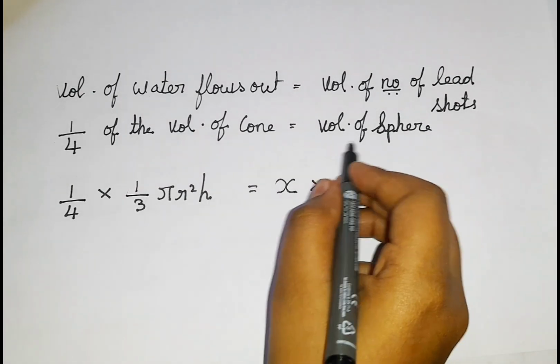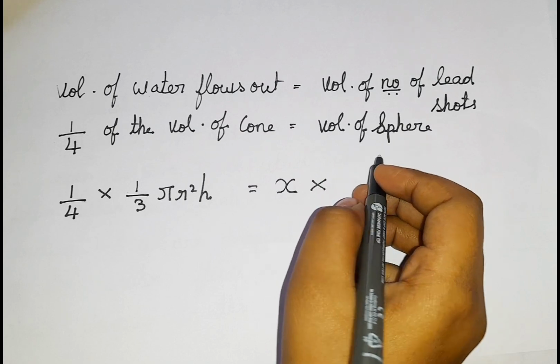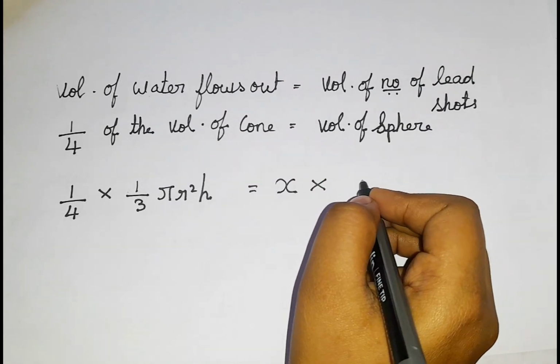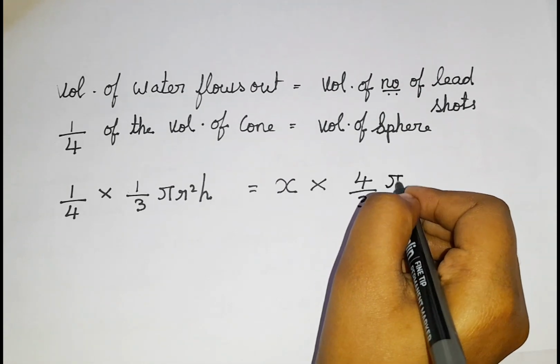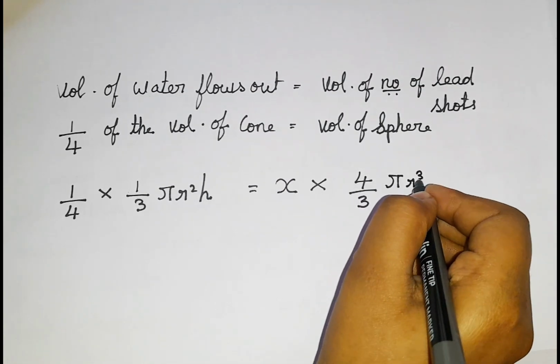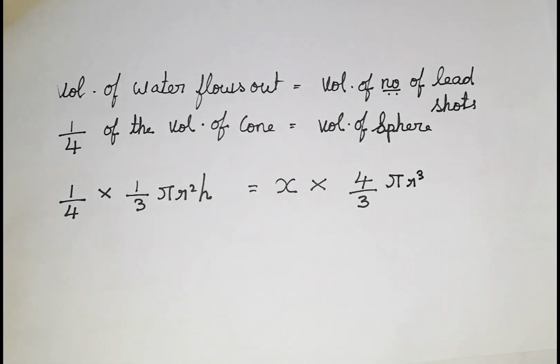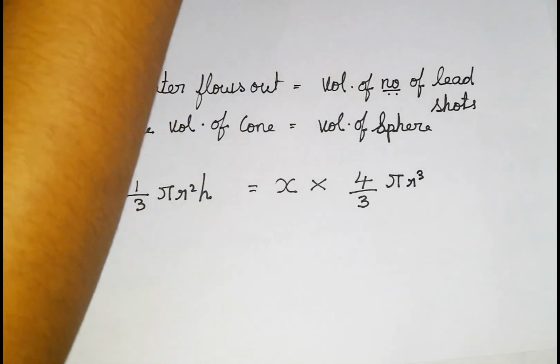Now we can apply the formula for the volume of sphere. The volume of sphere is 4/3 pi r cube, where this is r. So now we can solve it.